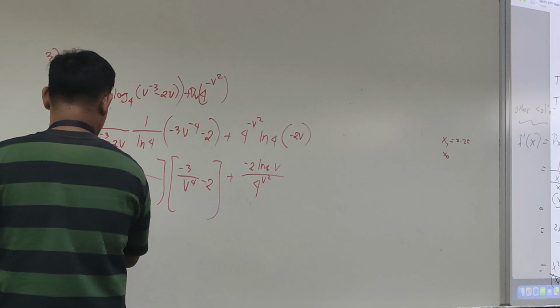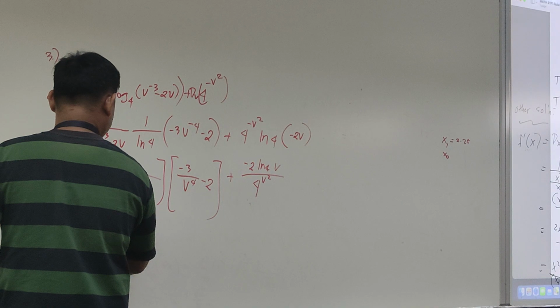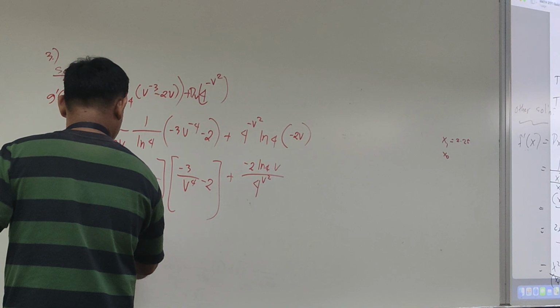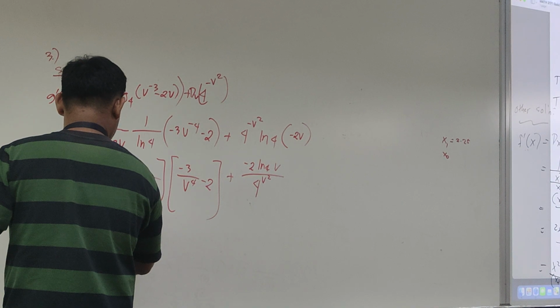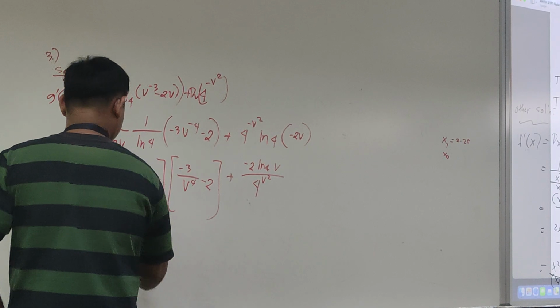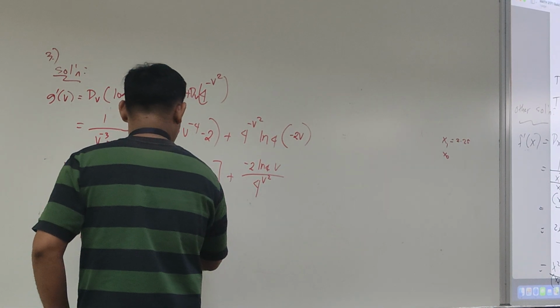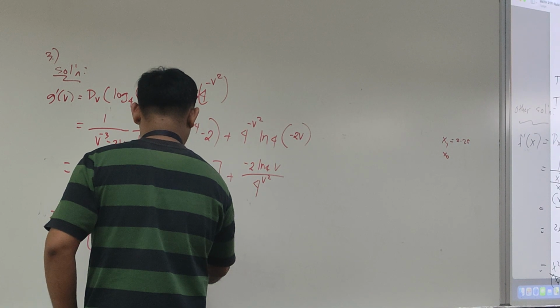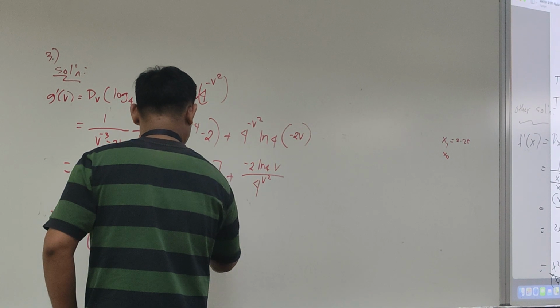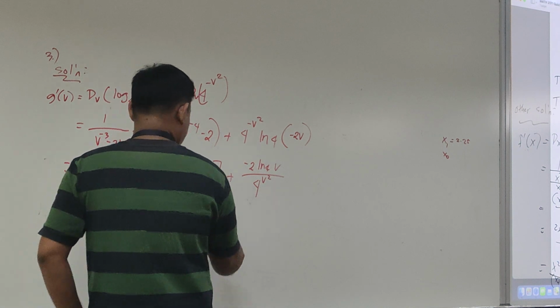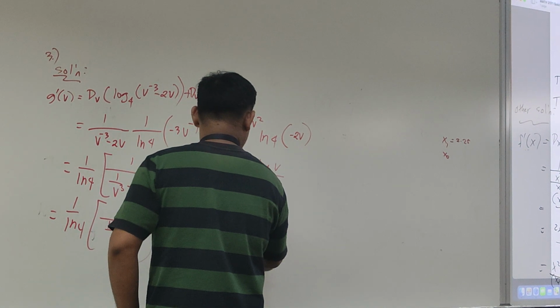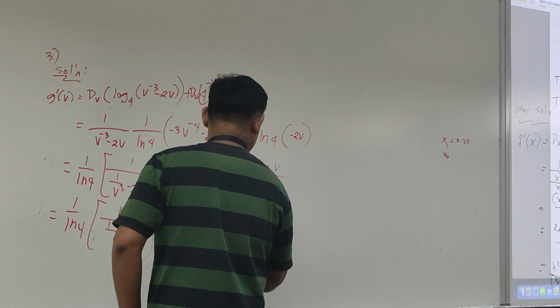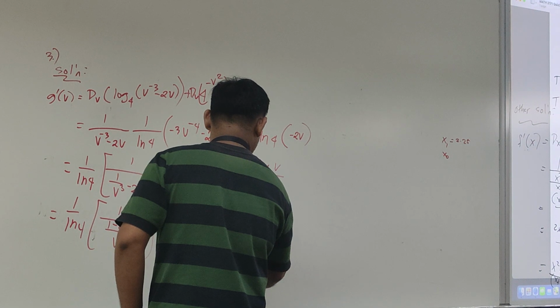Equal to? v cubed. So we have 1 minus 2v to the 4. So we have negative 3 minus 2v to the 4, minus 2 ln 4v all over 4v.